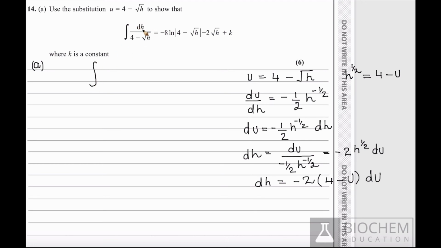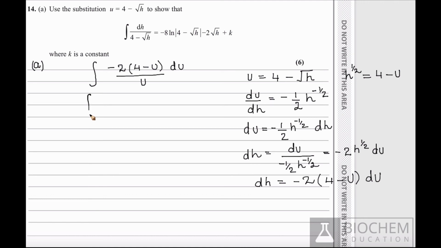Now dh in terms of du we have already found, so we can write this as negative 2 brackets 4 minus u du. So we have replaced dh in terms of u, but the denominator is 4 minus square root h, which we know already equals u. So we can write the denominator as u. Now we can integrate this with respect to du, as all terms are in terms of u.